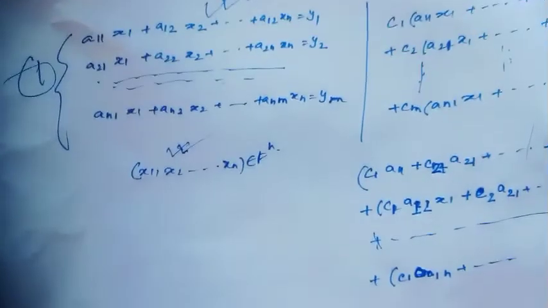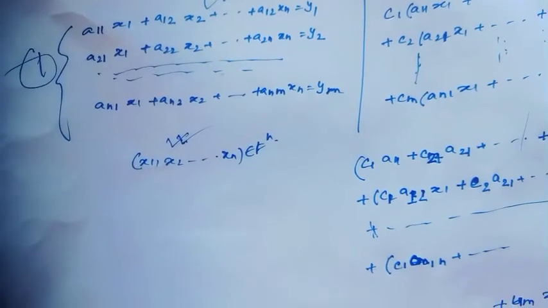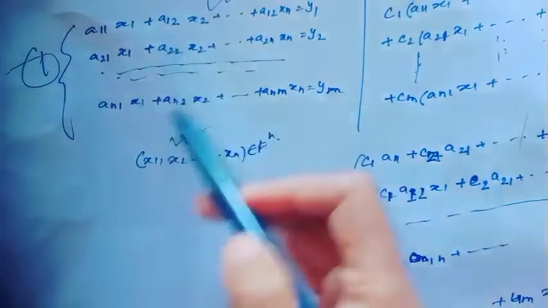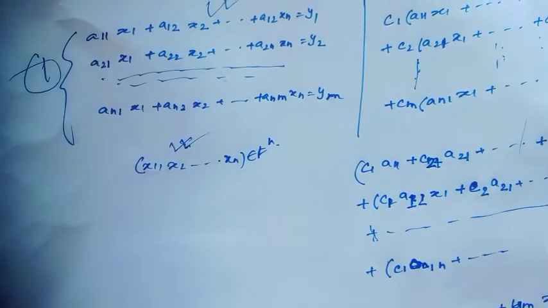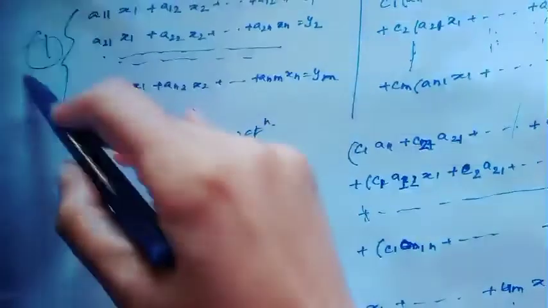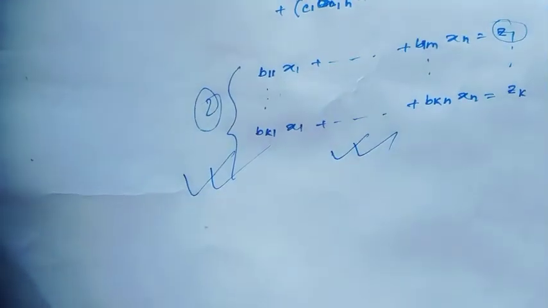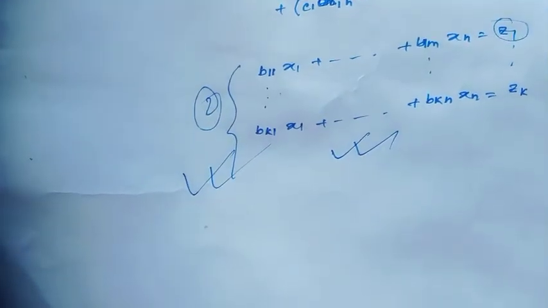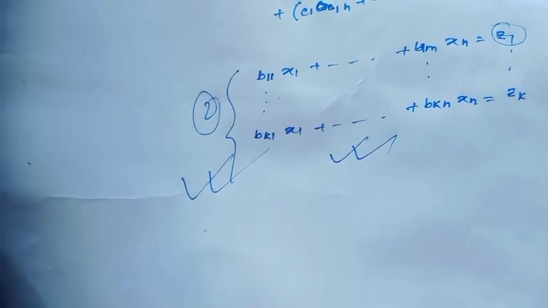But if we construct the new system as a linear combination such that the two systems have the same solutions, then we can say these two systems of linear equations are equivalent.